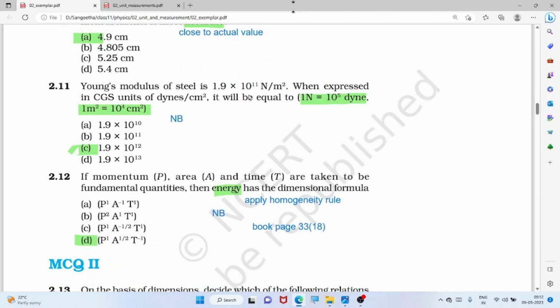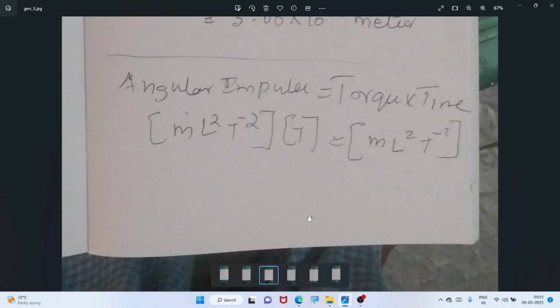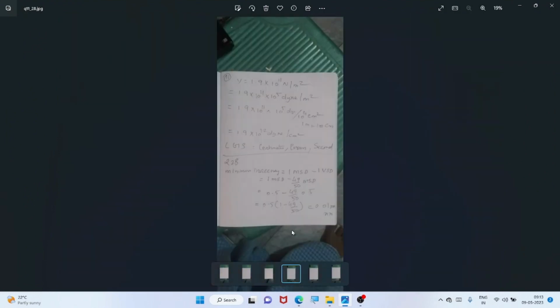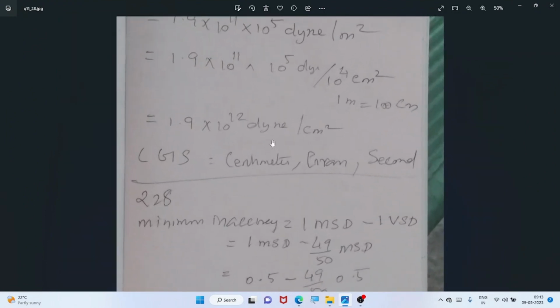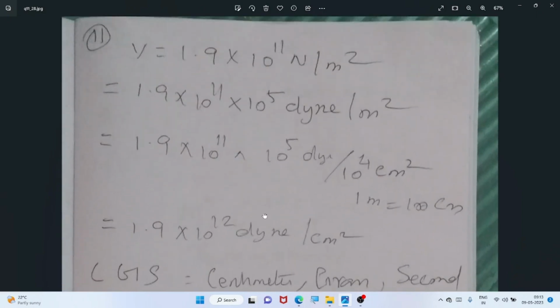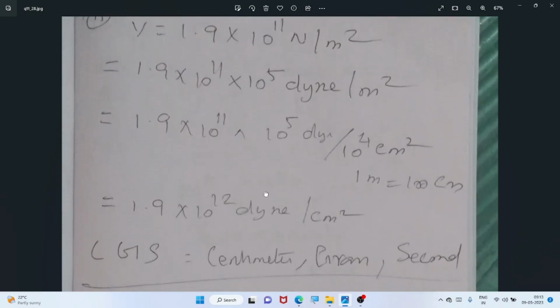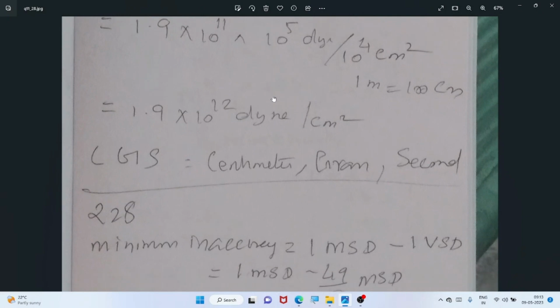Now the quantity given, when expressed in CGS unit, will be equal to what. CGS means centimeter gram second, okay. So this is given.